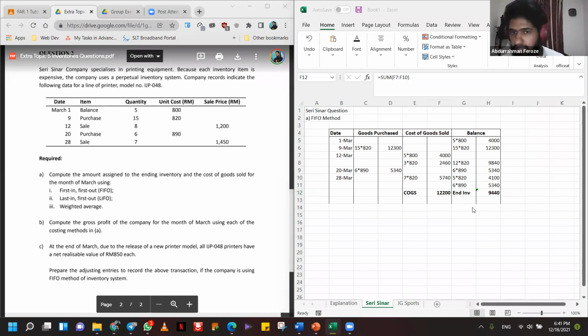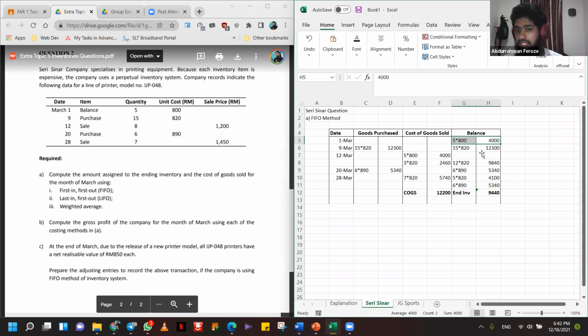Okay, so if your question is how cost of goods is done, you have to put yourself into the shoes of the person, right? So on the 1st of March, they had 5 printers valued at 800 ringgit each, and this was the balance.